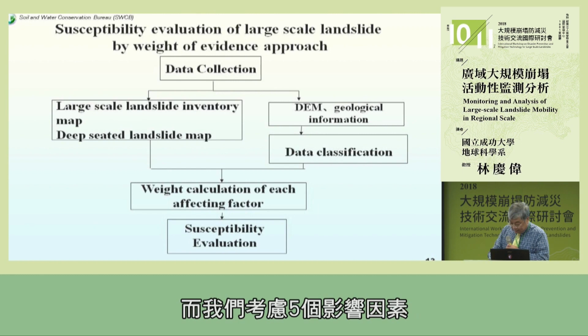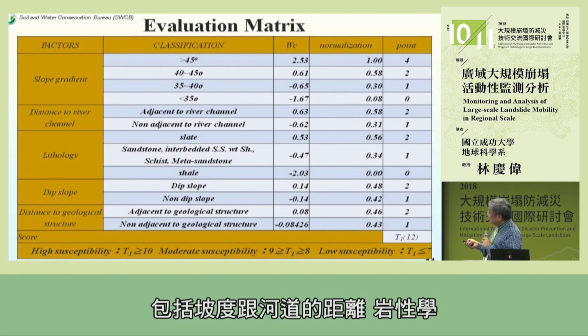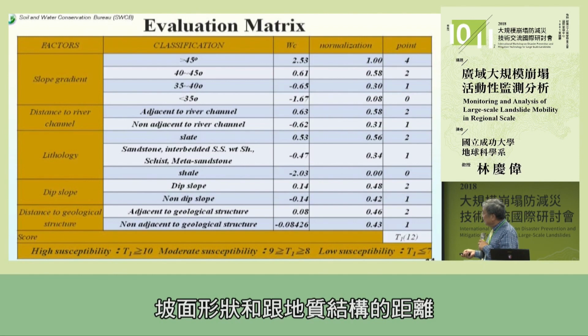And we consider 5 affecting factors, including slope gradient, distance to river channel, lithology, type of slope, and distance to geological structure.